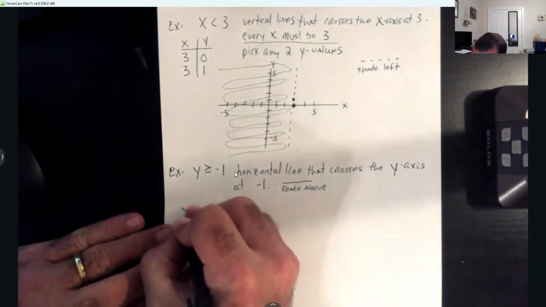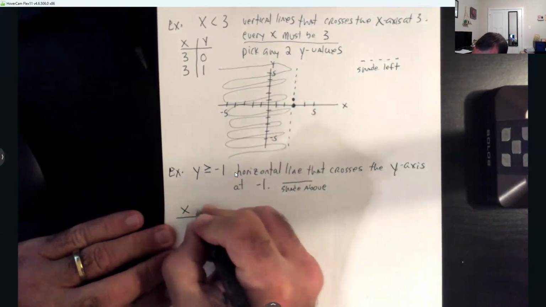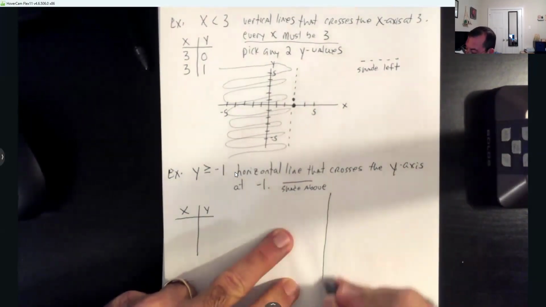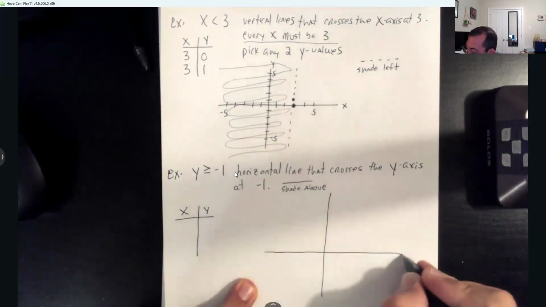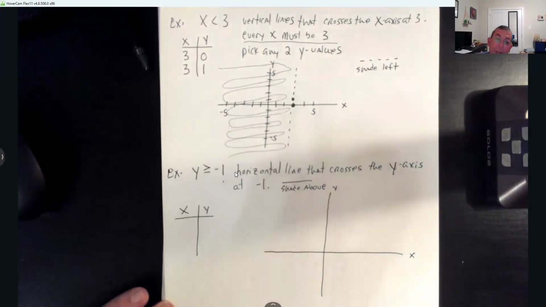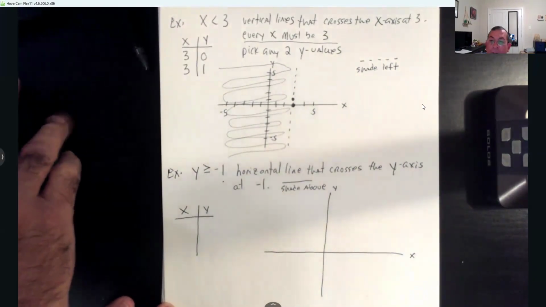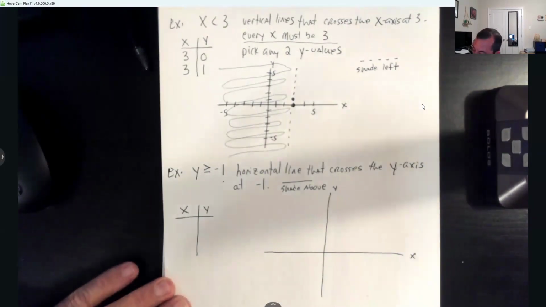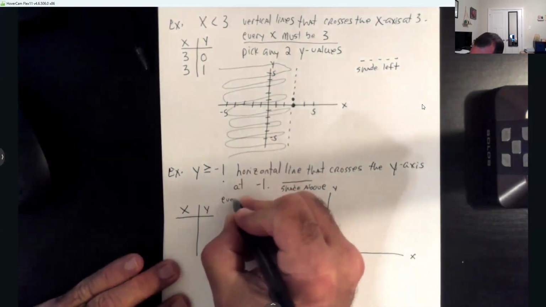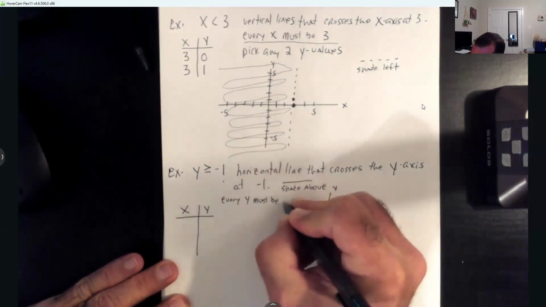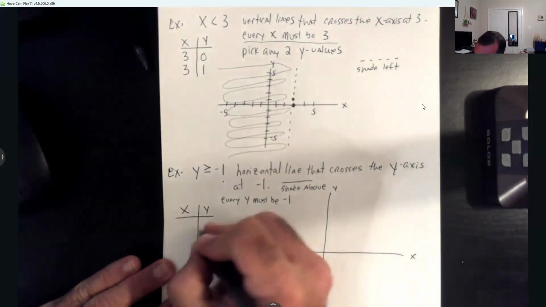All righty, so let's make our table. And then we will graph that one right here. Now, since this one is a y, we can do this one on the calculator, and I'll show you that on it, okay? Now, y'all, here's the thing. Every y must be -1.